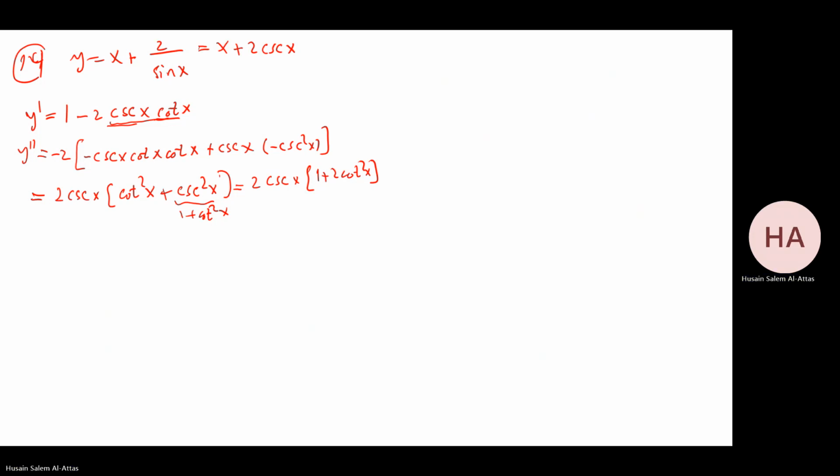Okay. And 1 plus cotangent squared equals cosecant squared. So I have this 1 plus 2 cotangent squared x, and none of them will be 0. So this is impossible to be 0.